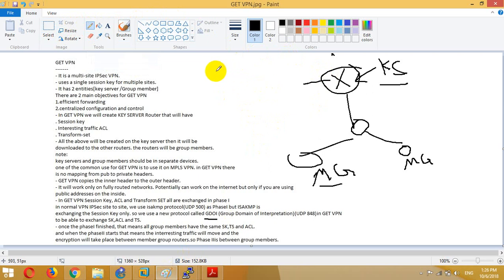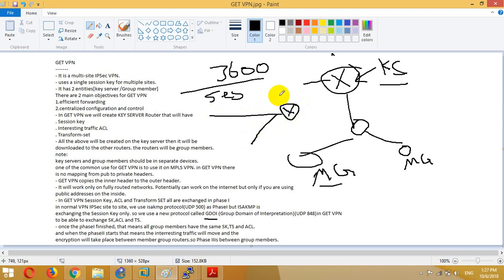Do you remember the lifetime of the session key? 3600, that's great. So what if I installed one group member here? Its session key lifetime will be 3600.